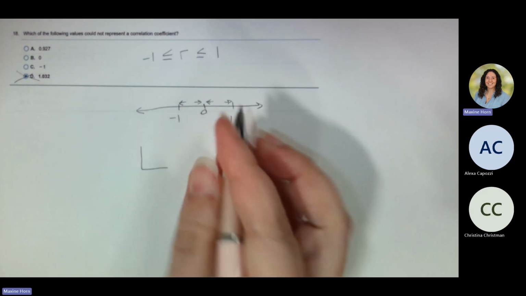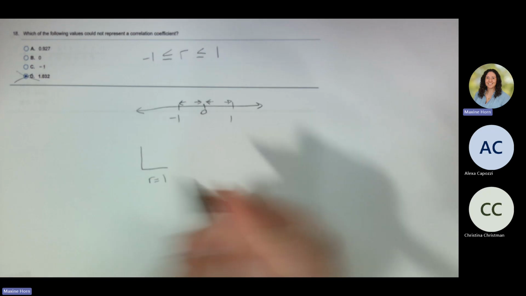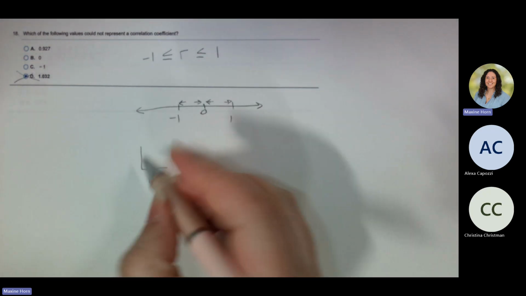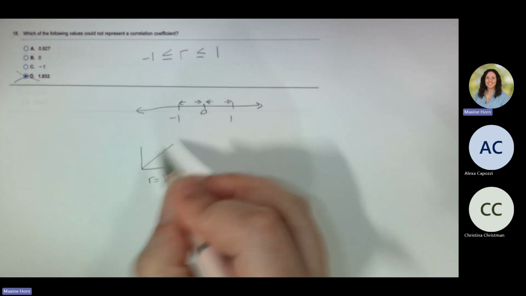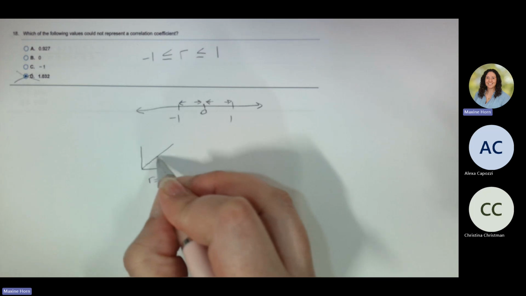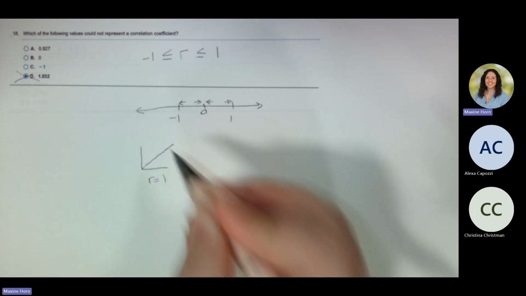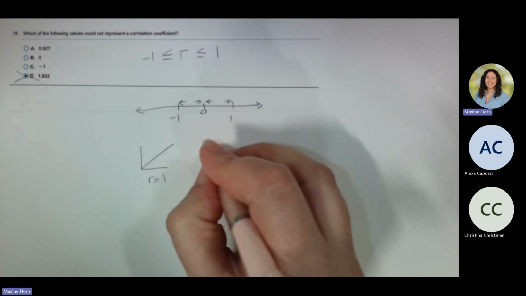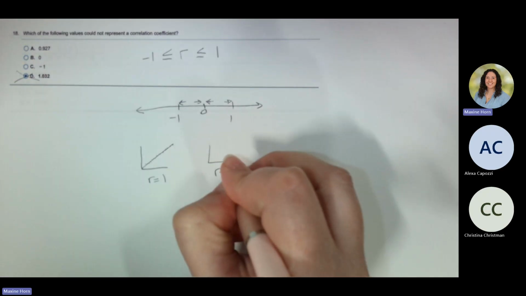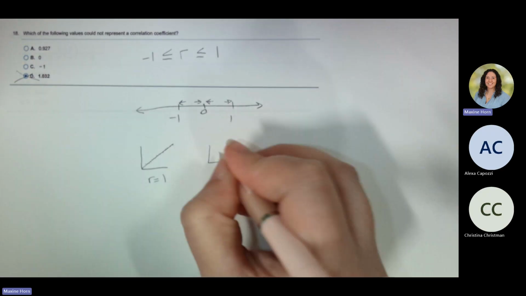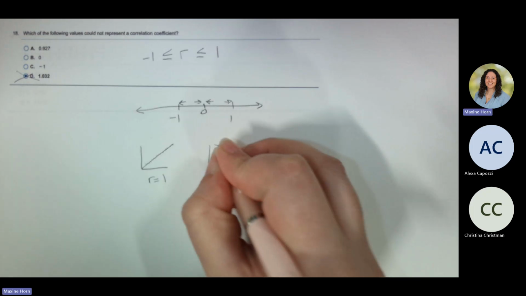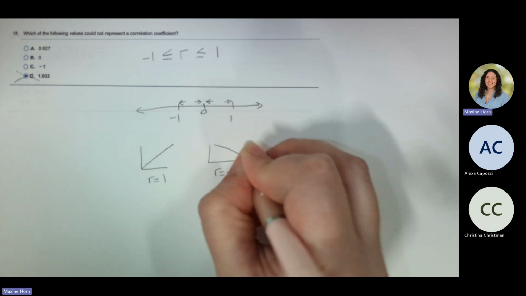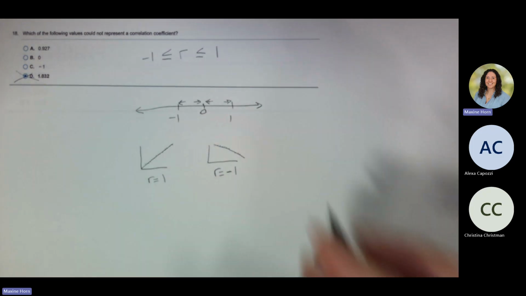If you have a positive correlation, then your data values have a positive slope. If you have a negative correlation, your data values have a negative slope.